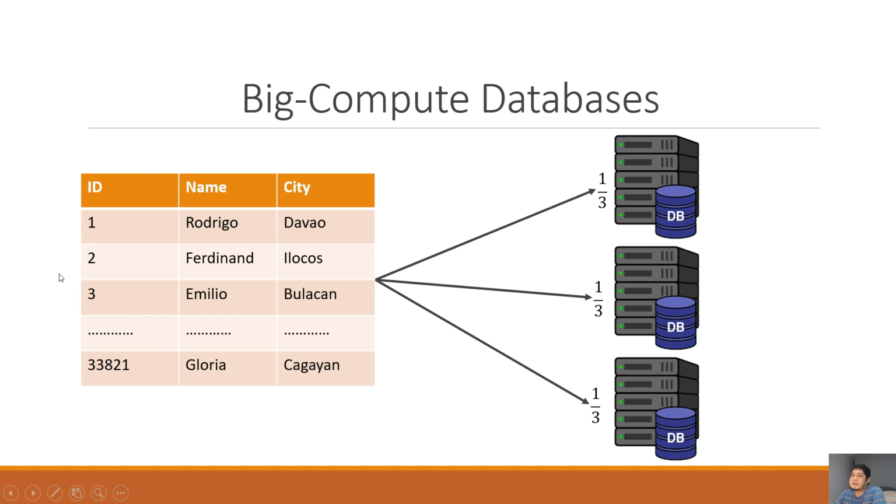So basically, the entire data in the master database is divided among three nodes, no?